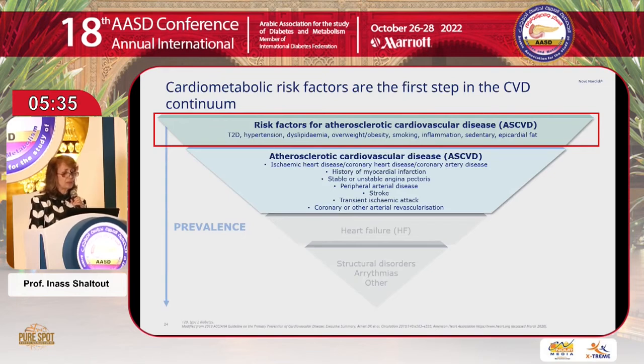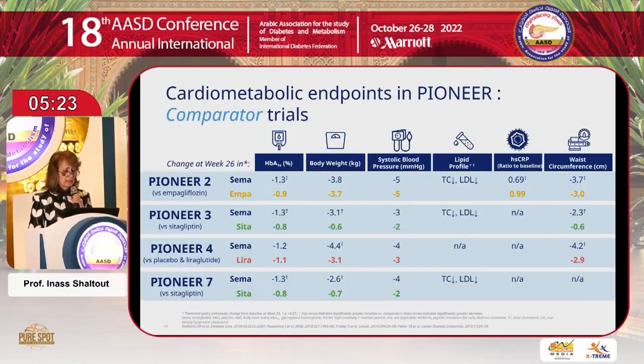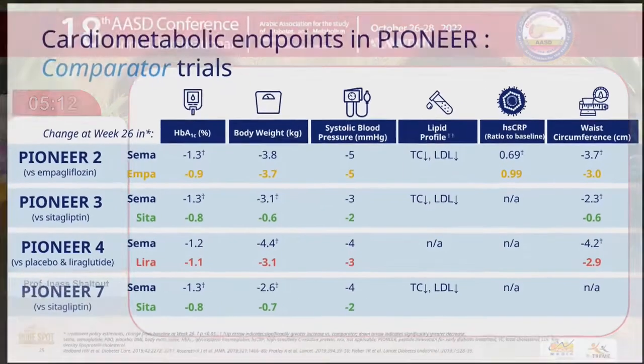These are the cardiometabolic risk factors that need to be addressed: risk factors for atherosclerotic cardiovascular disease or heart failure. And the cardiometabolic endpoints in PIONEER versus comparator products.